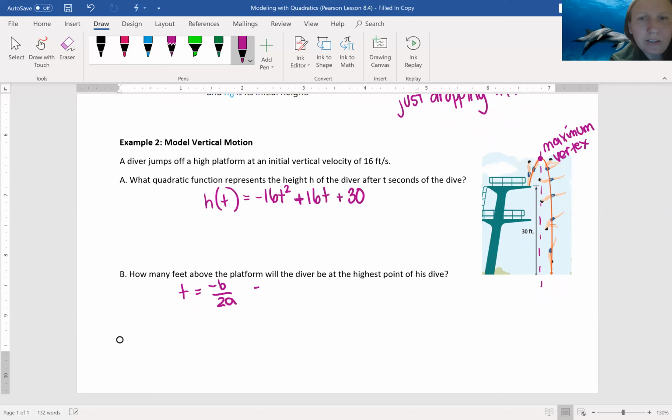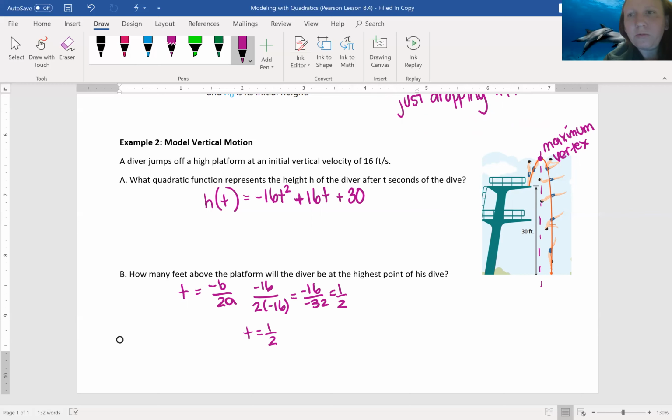So we're going to have negative 16 over 2 times negative 16. So that's negative 16 over negative 32, which is 1/2. So that means he's going to reach his maximum height after 1/2 of a second. So not a whole lot of time there.